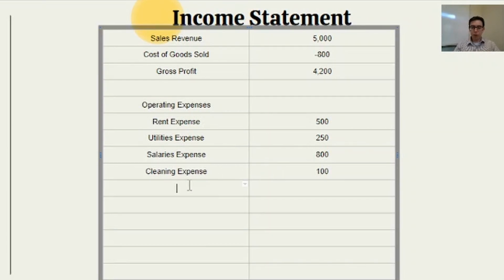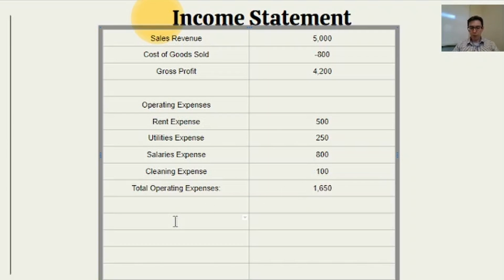Okay, I'm going to put a total here, total operating expenses. And let me see when we add these up. 500 plus 250 plus 800 plus 100 is 1650.